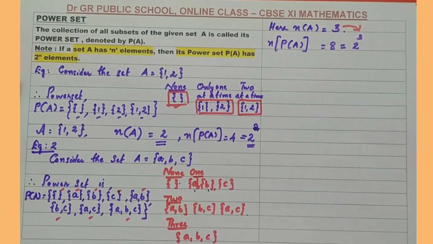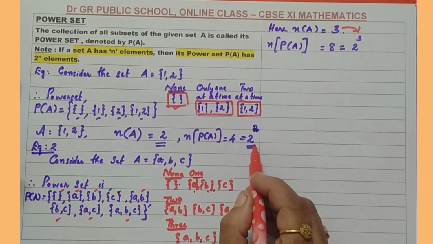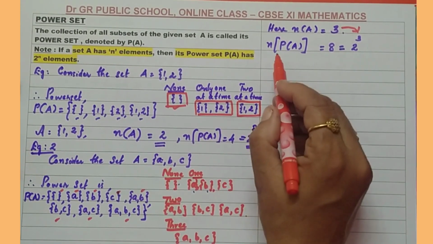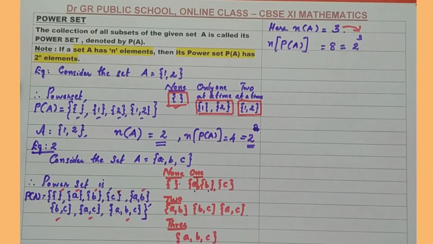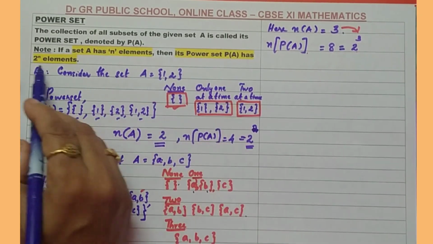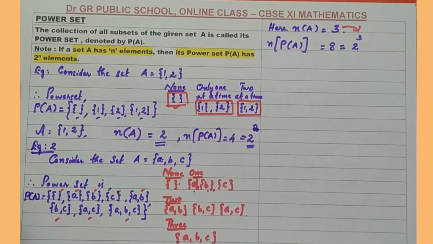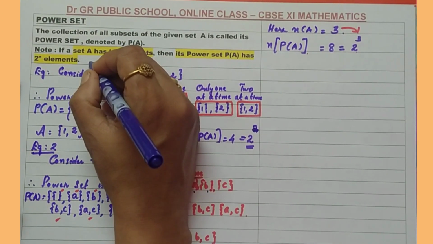Thus, in general, if the set A has 2 elements, then the power set has 2 raised to 2 elements. If the set A has 3 elements, the power set has 2 raised to 3 elements. Or in general, if a set A has n elements, then the power set P of A has 2 raised to n elements. A very important statement. An MCQ question can be asked from this section too.